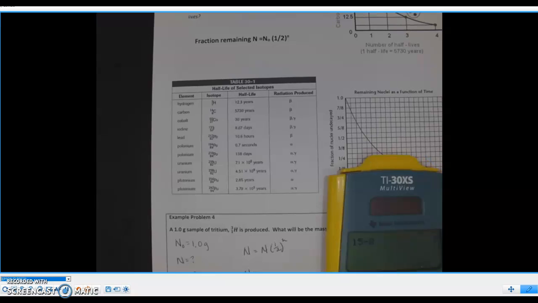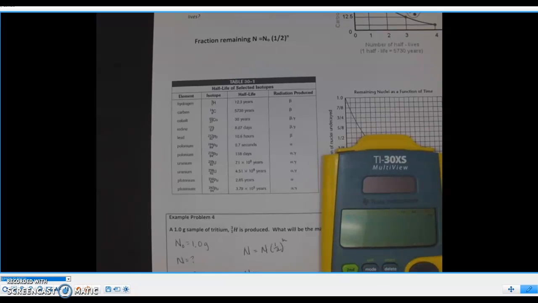So now let's plug this into our equation: the original amount multiplied by 1/2 raised to the number of half-lives, which is 2 in this case.